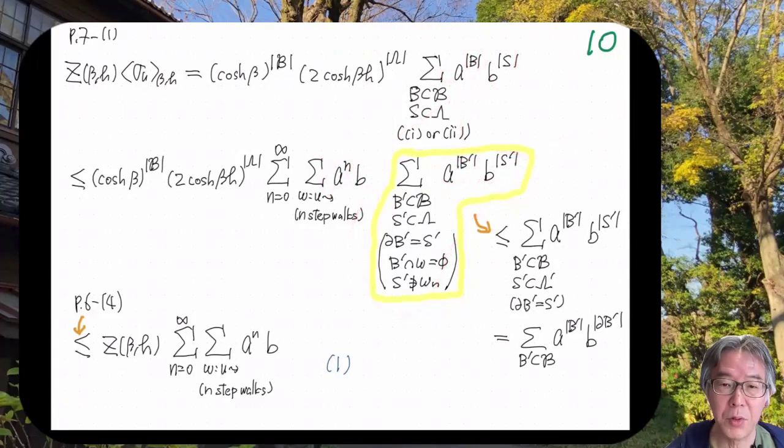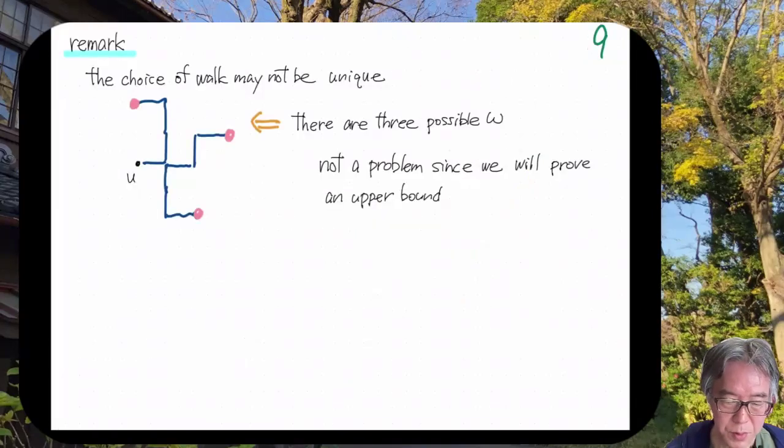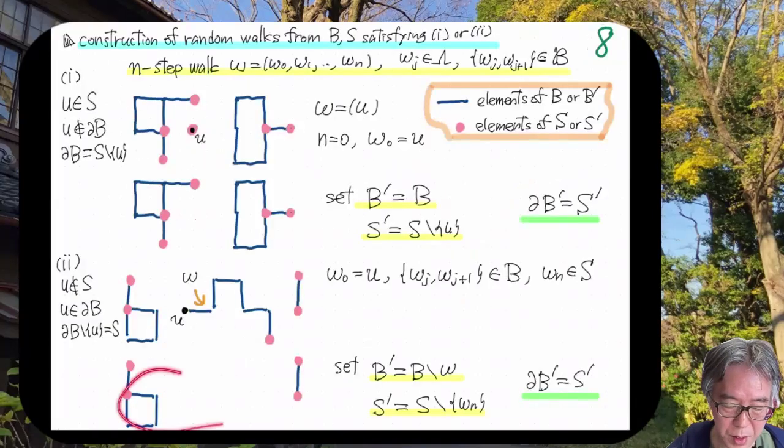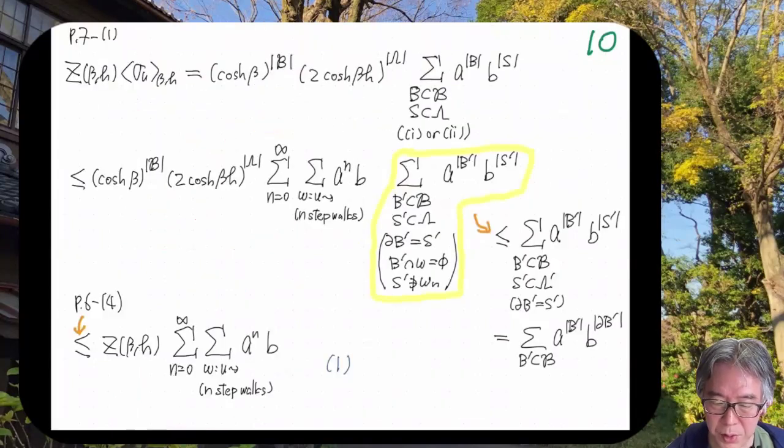Well, this is summed over all possible B prime and S prime. These are B prime and S prime here, and they are of course subsets of curly B and subsets of lattice lambda, and as I stressed, they satisfy this condition.